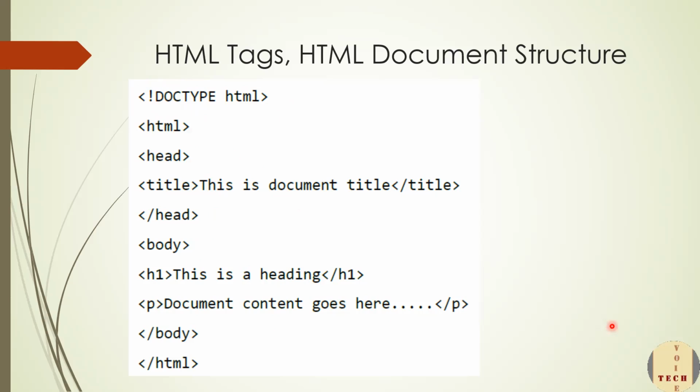We need to open a new file and type it like this, then save as .html, selecting all files or all types in the dropdown. You can call this second page.html.